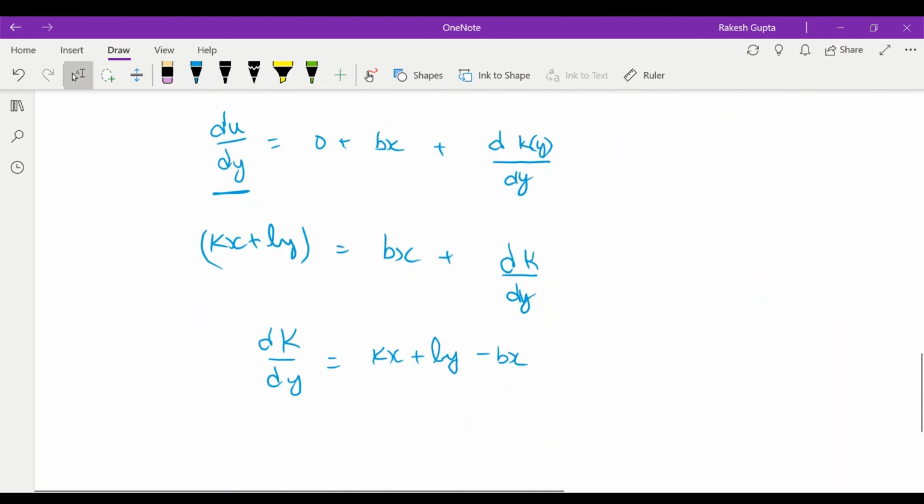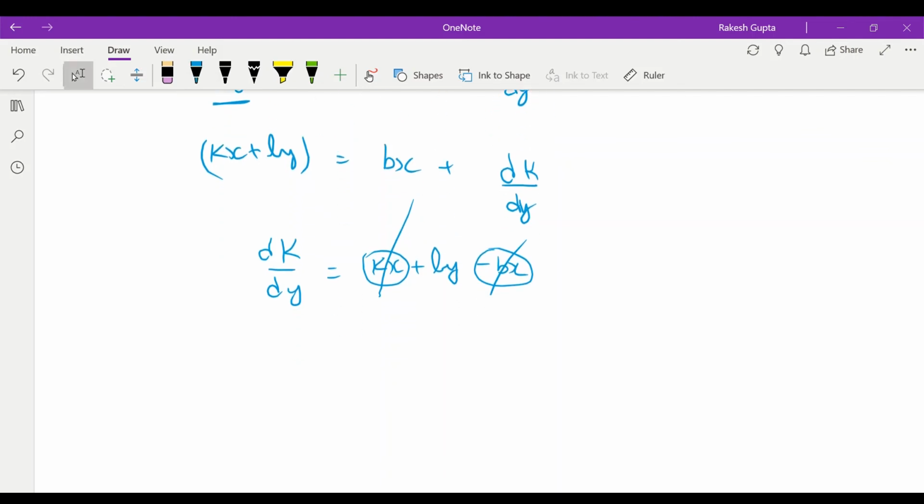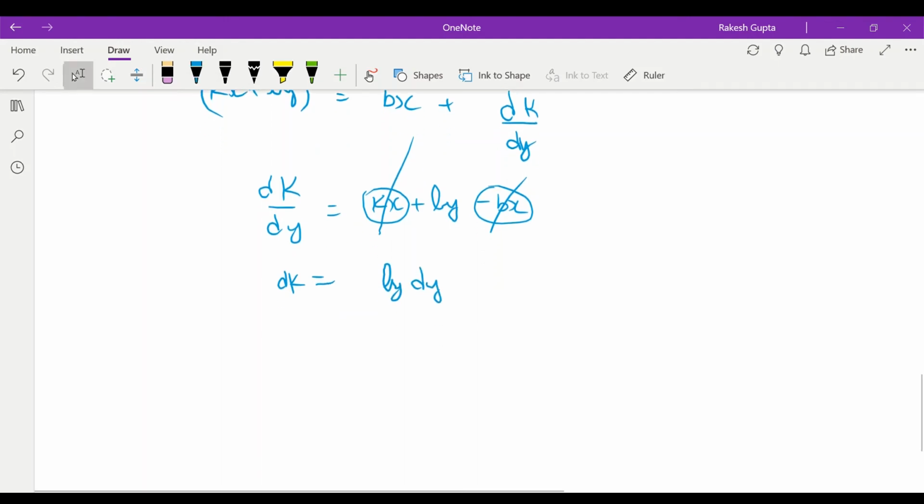So when b is equal to k, this term and this term are going to cancel out. So solving further, now we integrate on both sides. We get k is equal to ly square by 2 plus a constant of integration c.